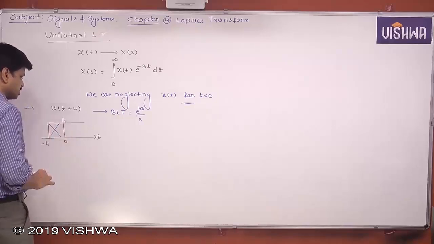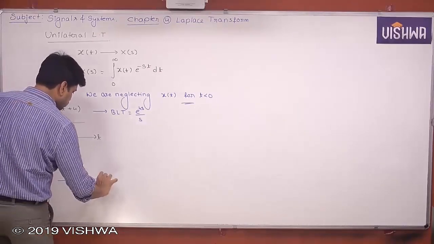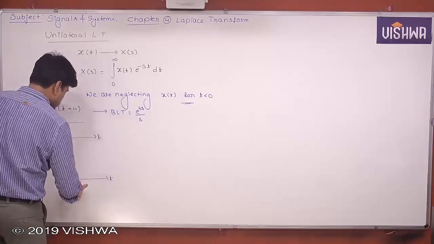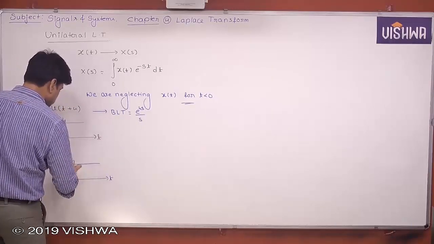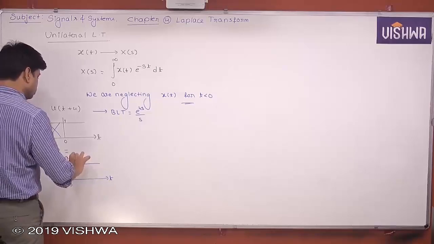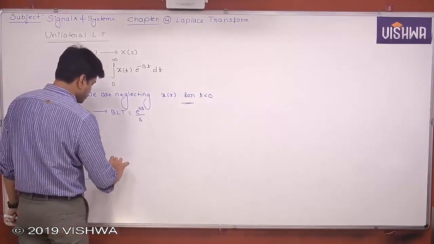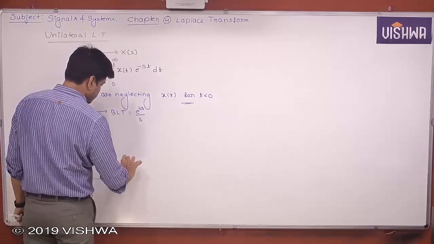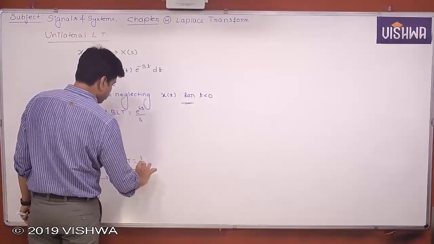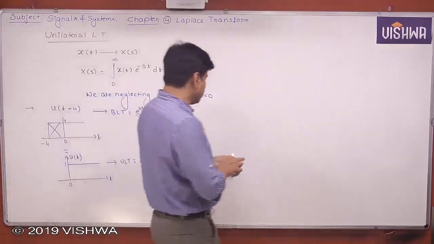Then this will be equal to u of t only. For u of t, the unilateral Laplace transform is equal to 1 by s.